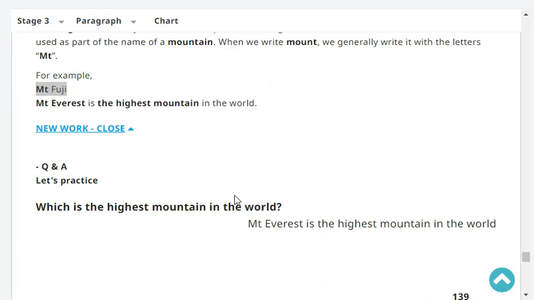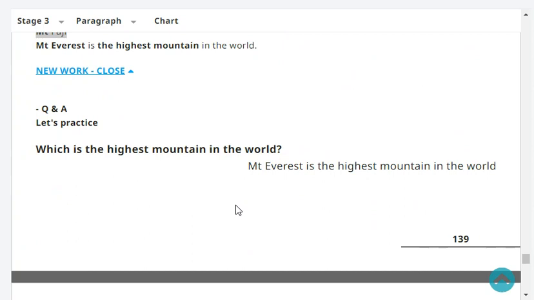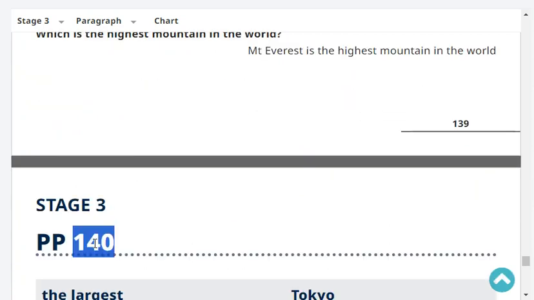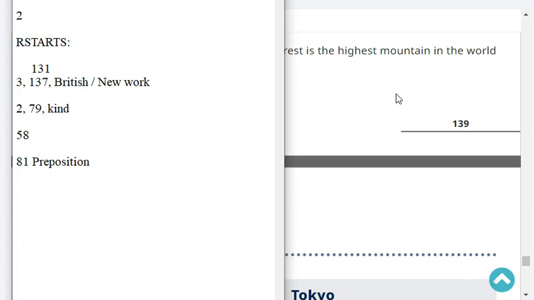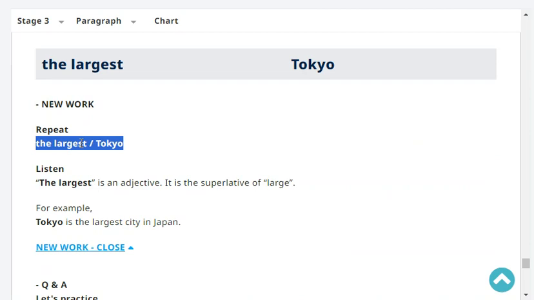Let's practice. Which is the highest mountain in the world? Mount Everest is the highest mountain in the world. Very good. Okay, next. The largest. Tokyo. Very good. Okay, listen. The largest is an adjective.